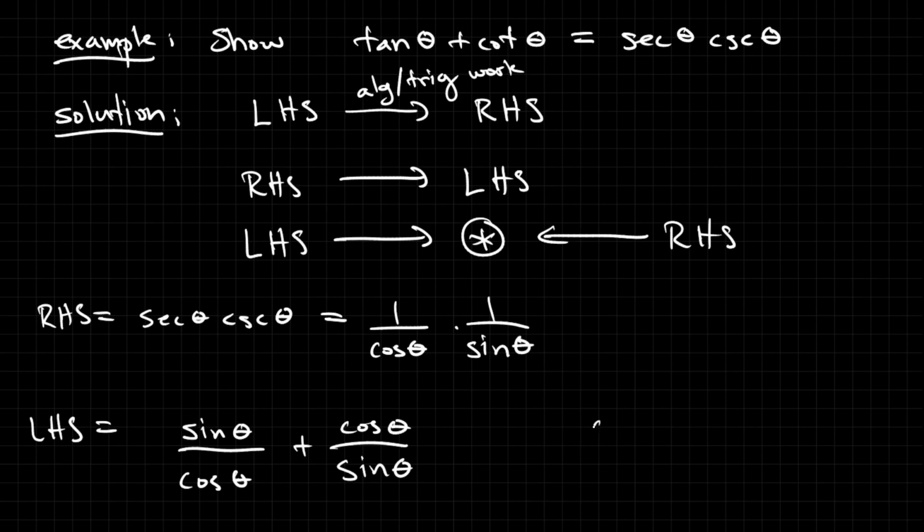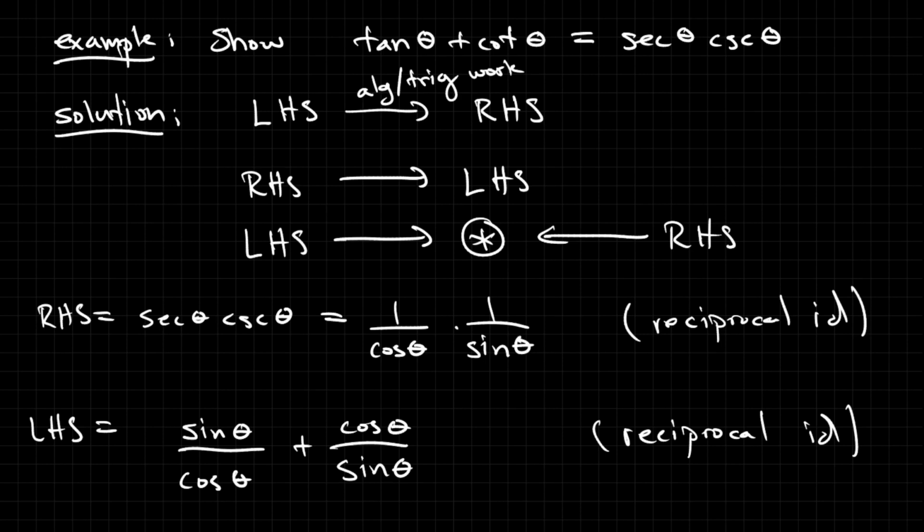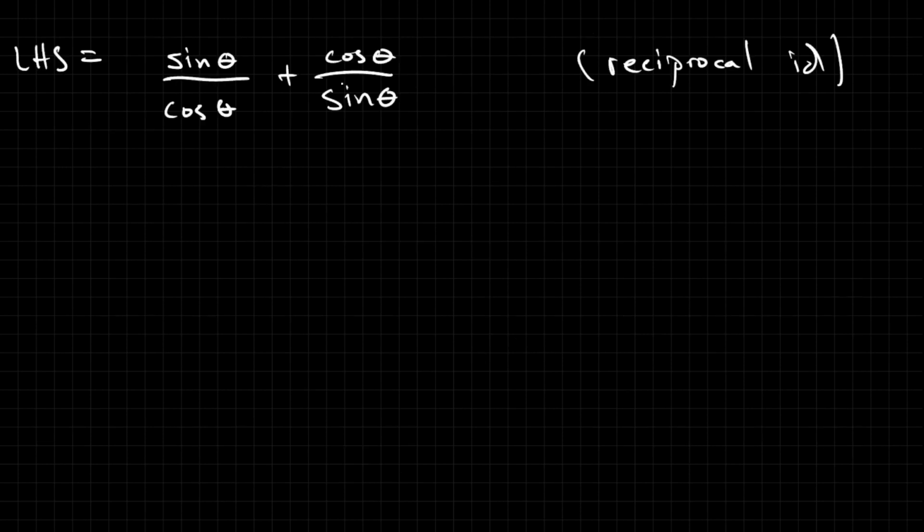And as you're doing these problems, you should state what identity you are using at each step. So this was also reciprocal identity. I'm definitely going to need some more room.